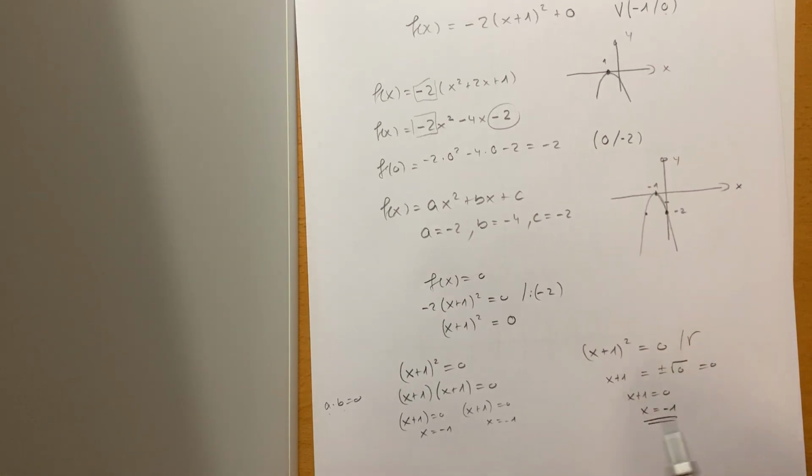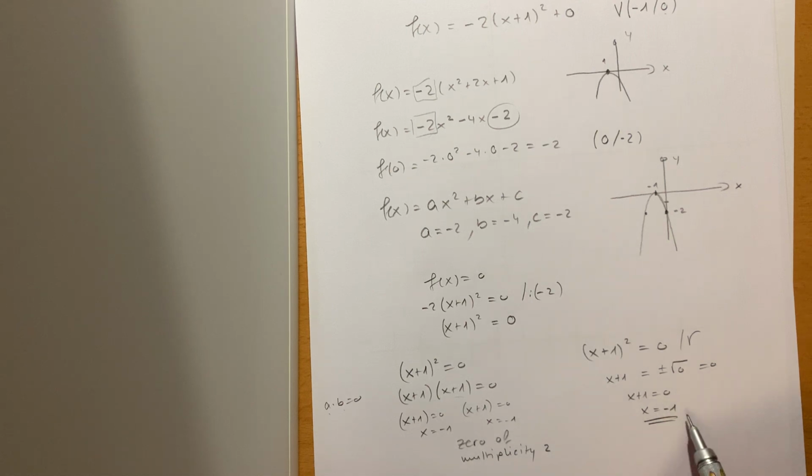But we say that this zero is of multiplicity 2. Because look, in actual fact, you could write it as a product, and then you have one zero at minus 1, and in fact another zero at minus 1. In German, you would often say doppelte Nullstelle. Well, here it's a zero of multiplicity 2.